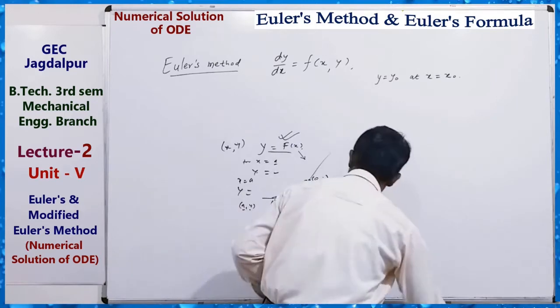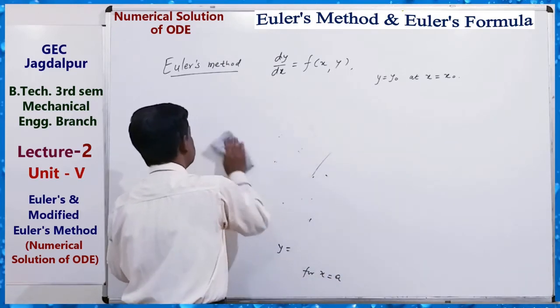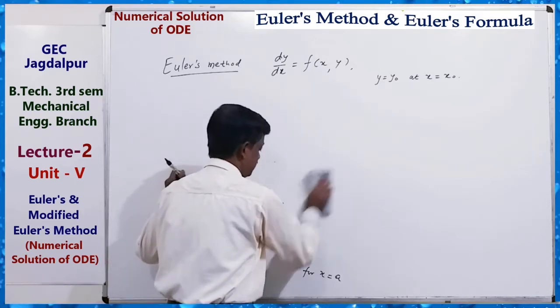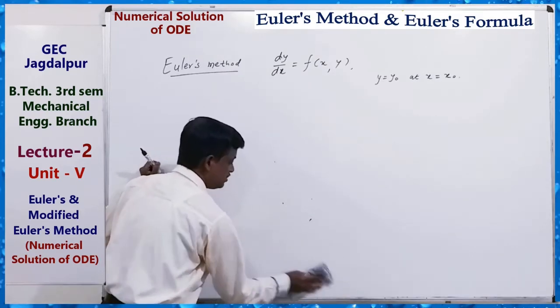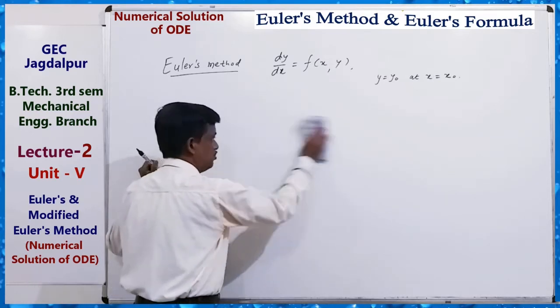Euler's method uses the tangent. By using tangents, we approximate the curve of solution.